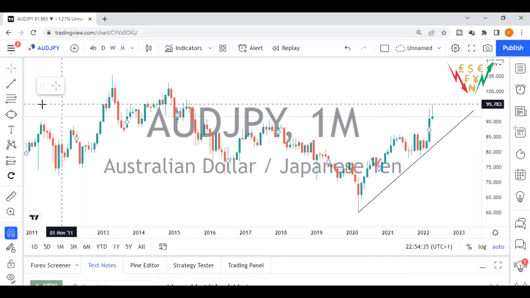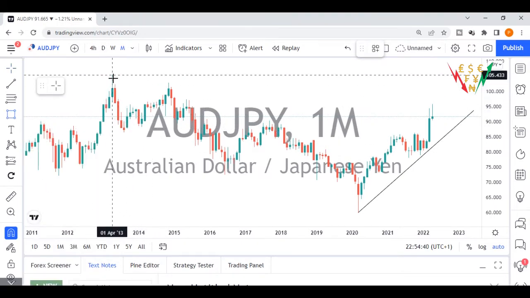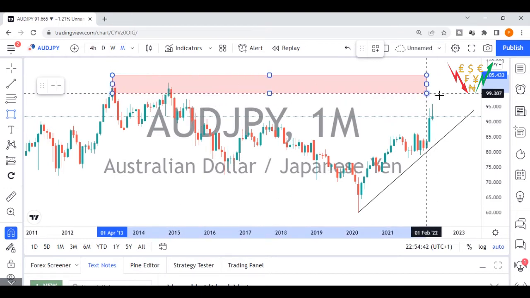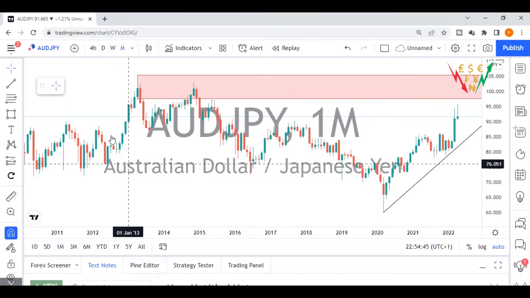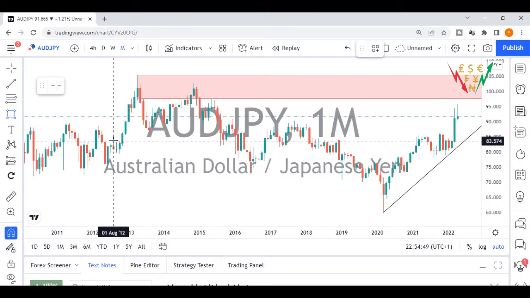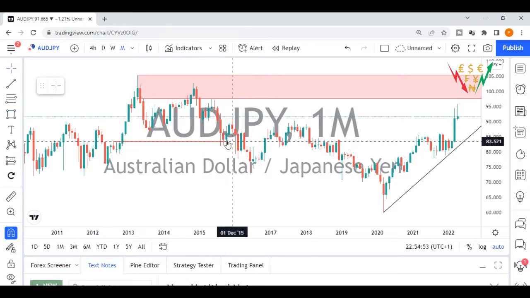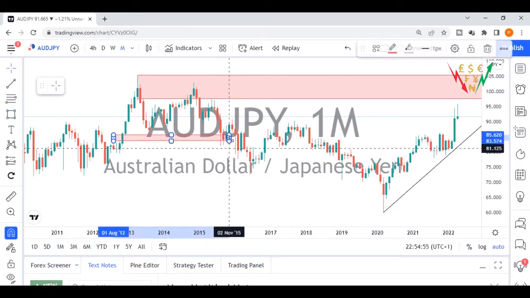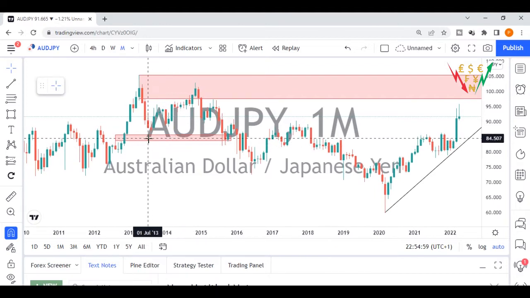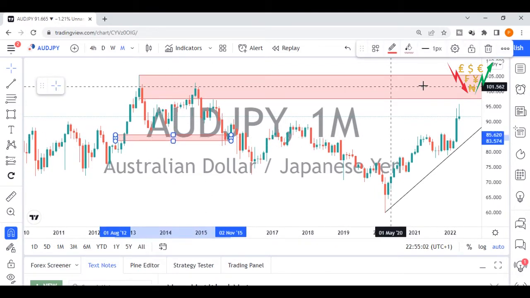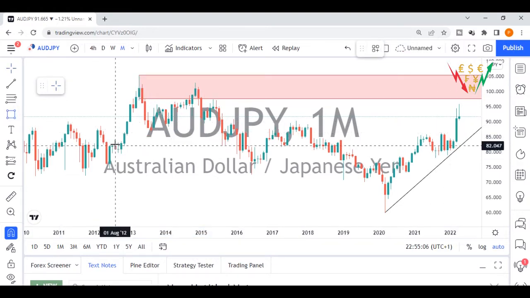We have this very large zone here, but before then, you saw that the market broke this level for this particular swing. Let me take this out and replace it, because I'm trying to make a point here.